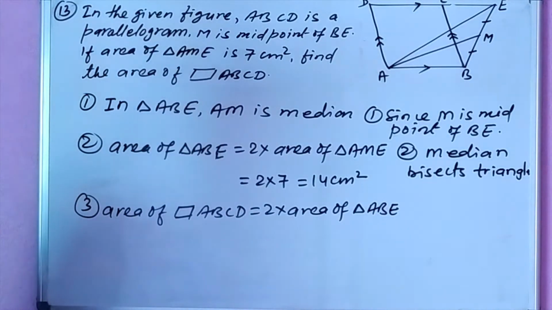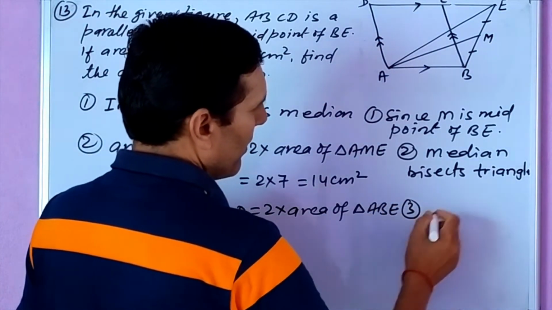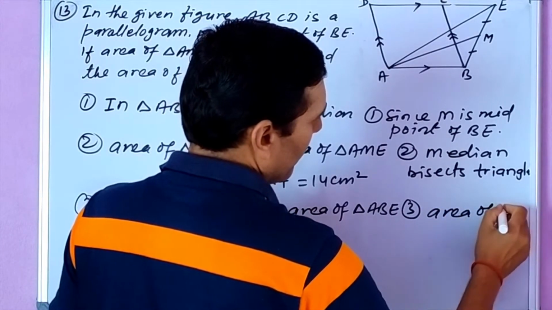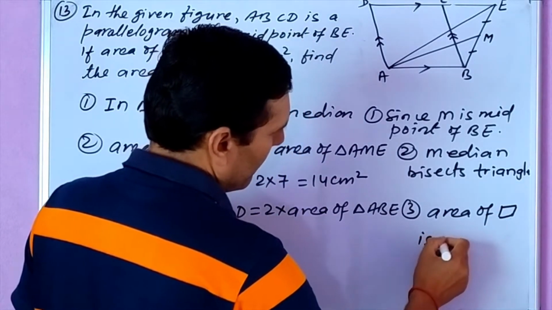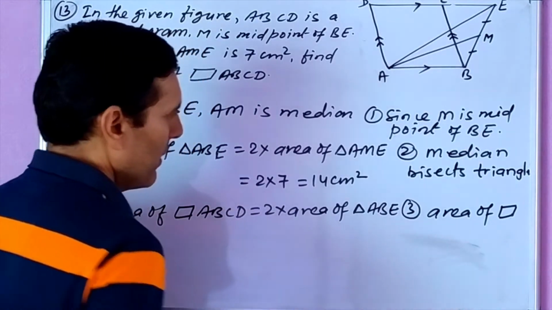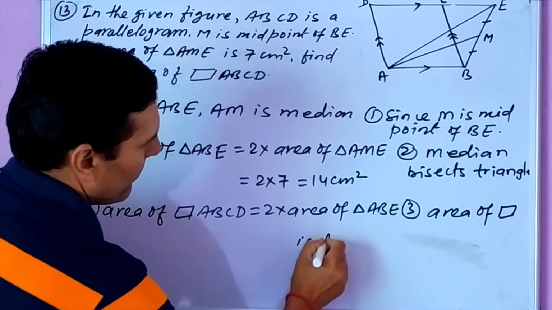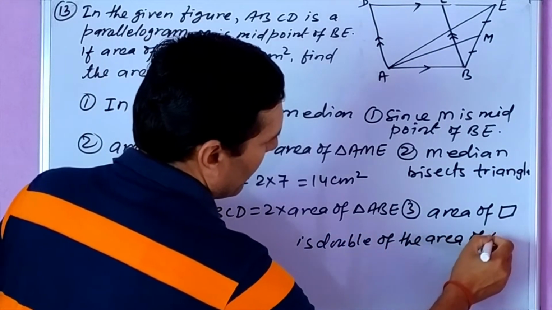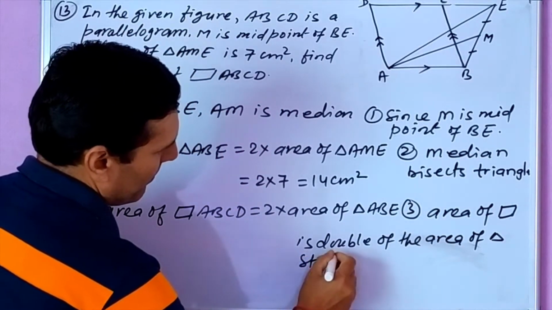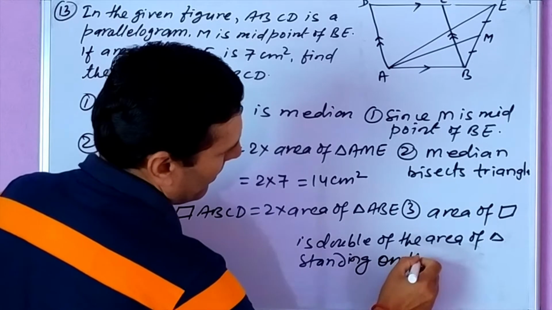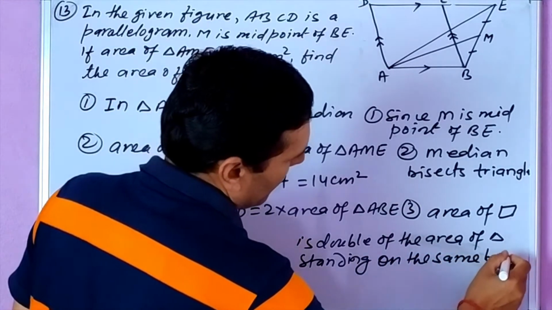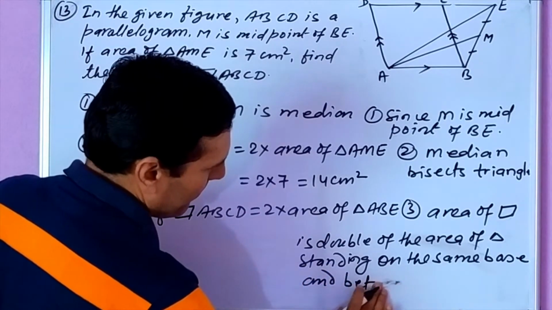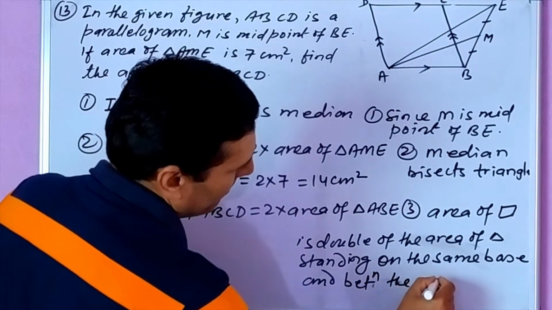We write the reason for this. Statement of the theorem: area of parallelogram is double of the area of triangle standing on the same base and between the same parallels.